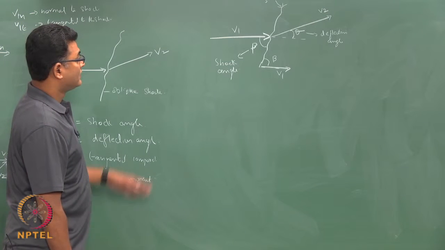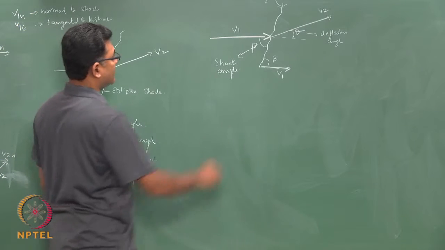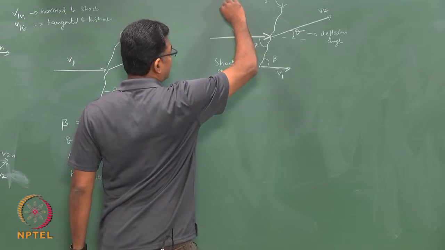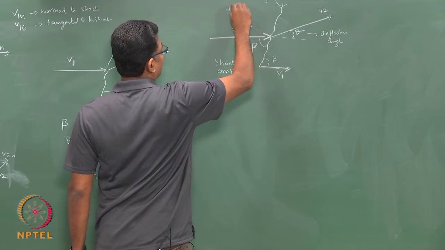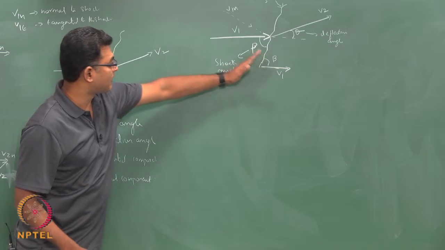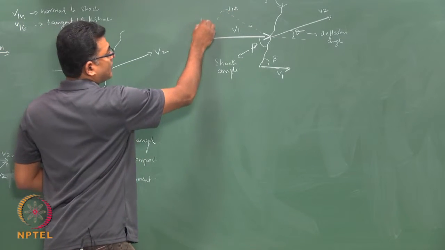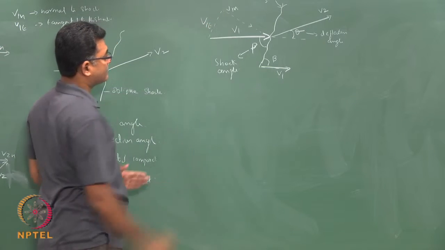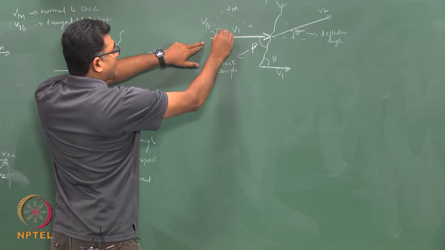Okay. So if this is the notation, then if normal is this V1n, tangential is parallel to the shock, so this is my V1t, then this angle is my beta.